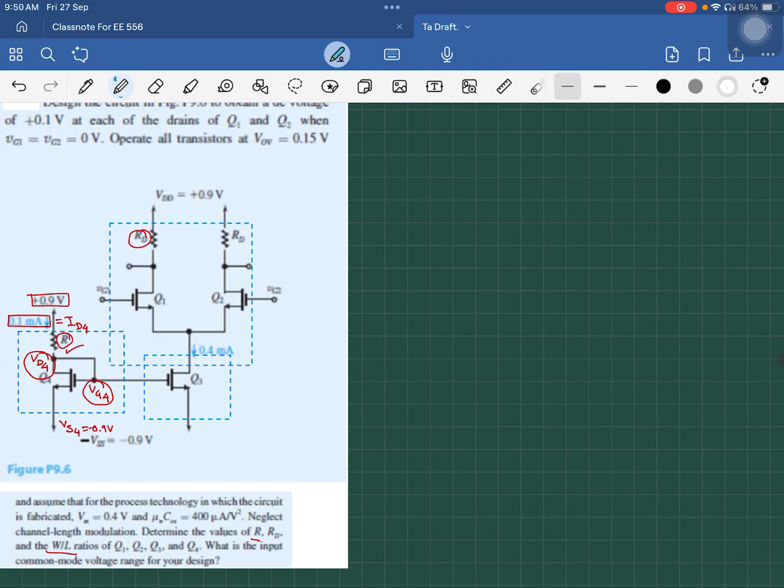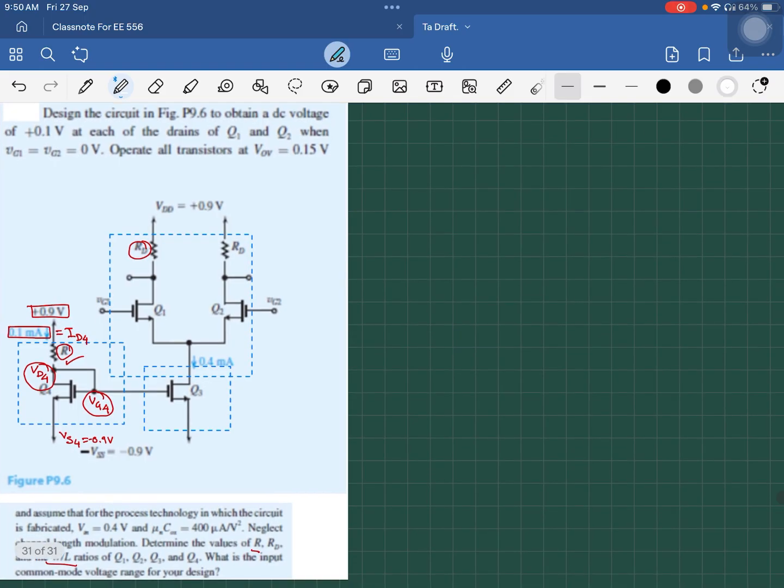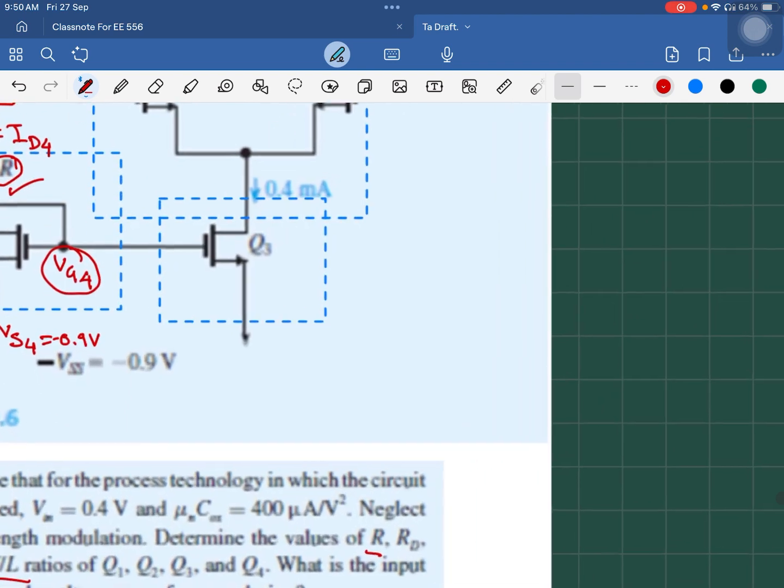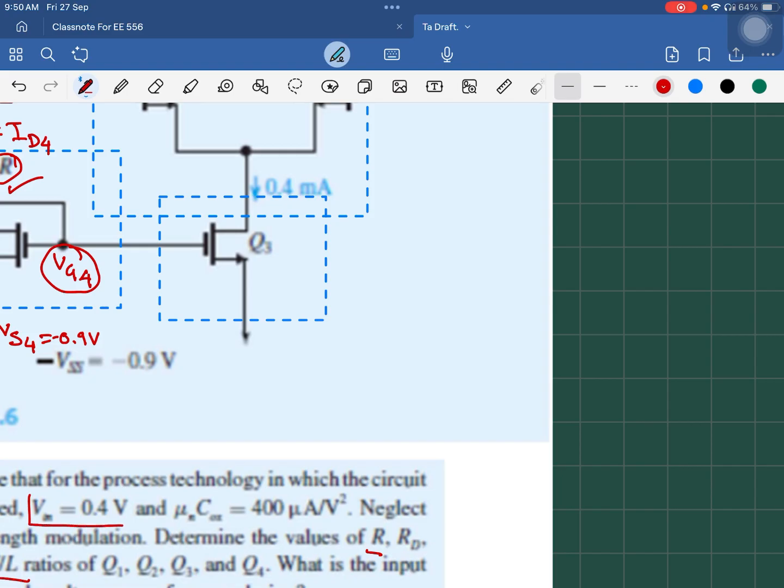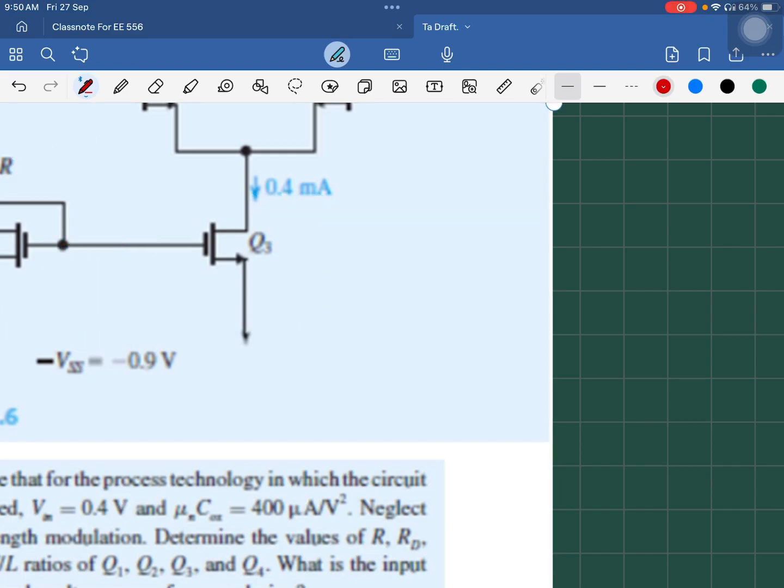Let's see what we have to find this VG4. We have this V overdrive here, and what else do we need? This V threshold, right? Here they also give us this V threshold.